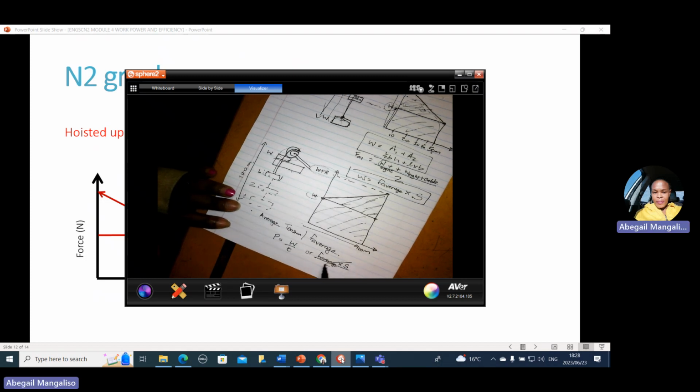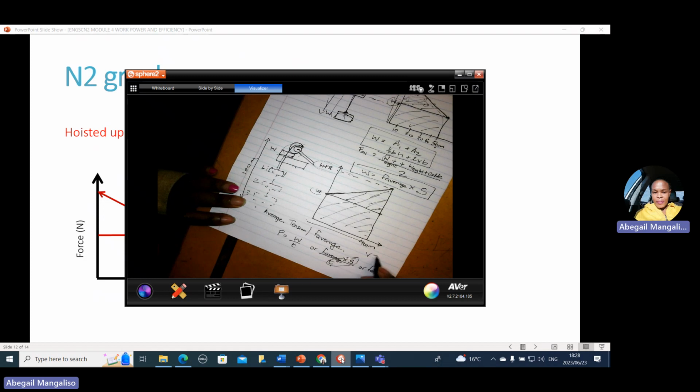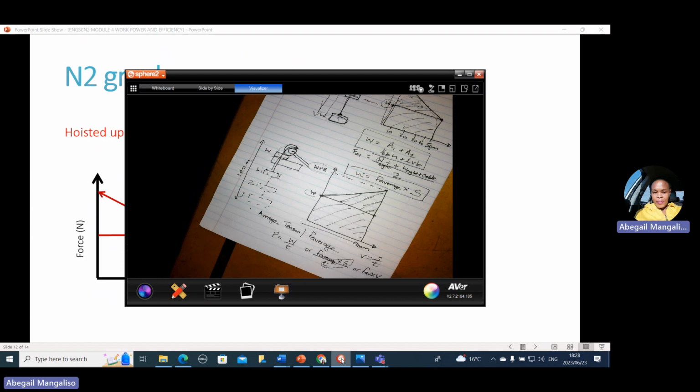Also, since we have distance or displacement over time, this power can be given by force average multiplied by velocity, because S over T is V. Now let's look at the example.